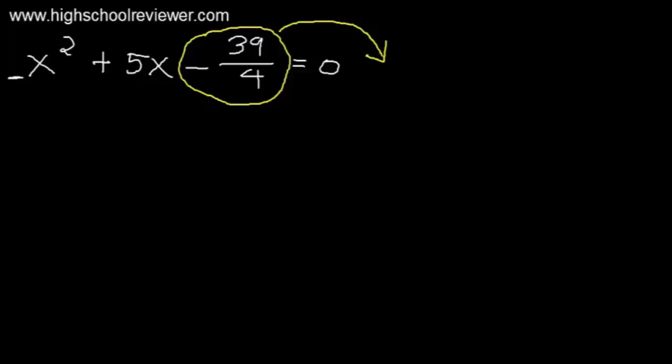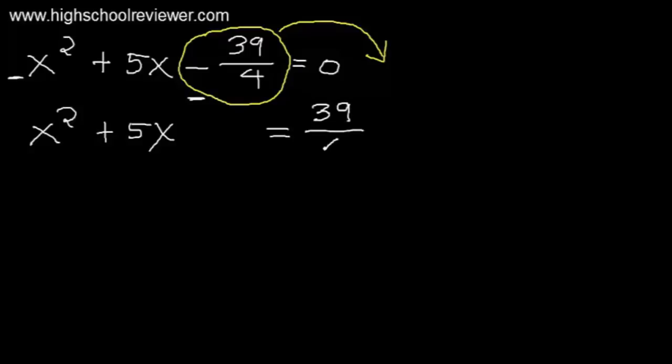Transposing, what will be left on the left side will now only be x squared plus 5x equals to, if we transpose negative 39 all over 4, this will change its sign, this will become positive. So this will now be positive 39 all over 4. And then we will have here a third term.